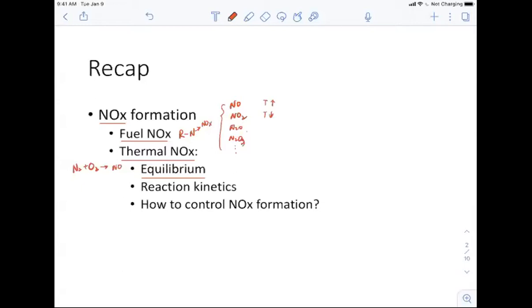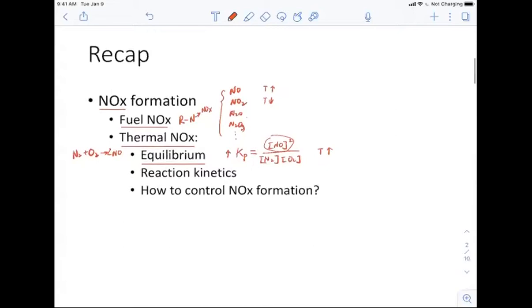For example, for this reaction here, we could define Kp equal to NO to the power 2 divided by N2 and O2. For this reaction, if the temperature gets too high, then this Kp also gets higher, which means that you're going to form more nitrogen monoxide.